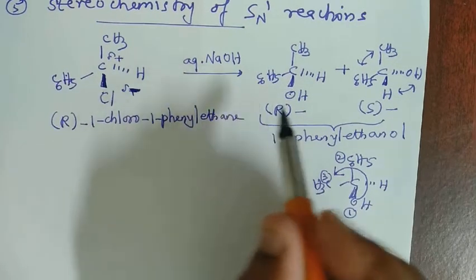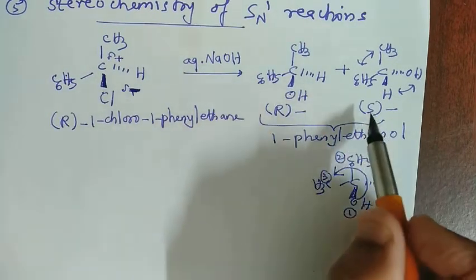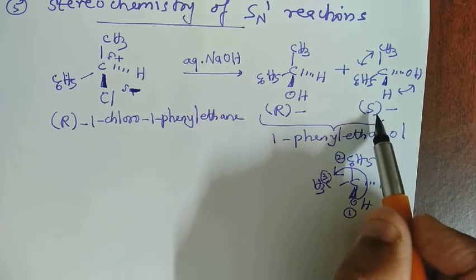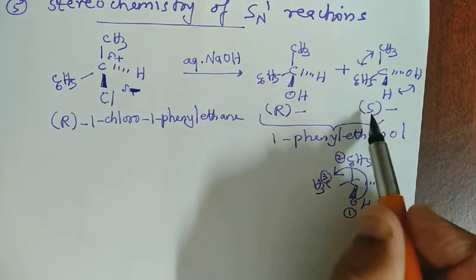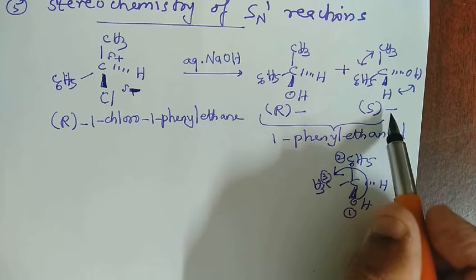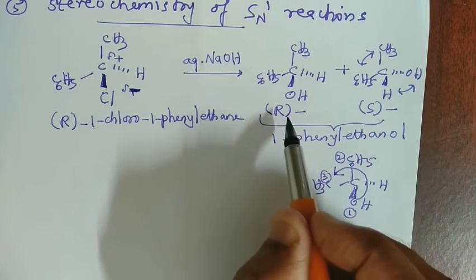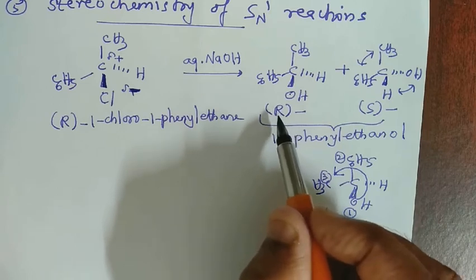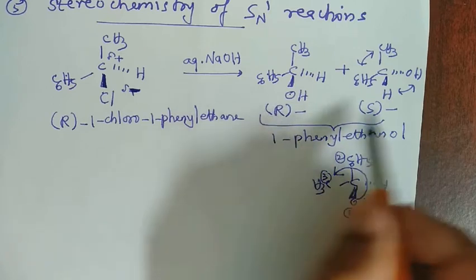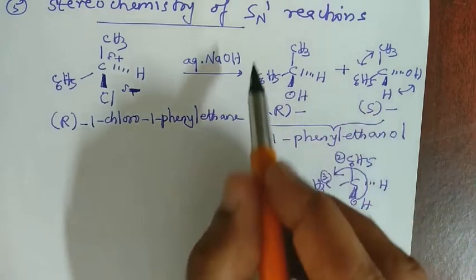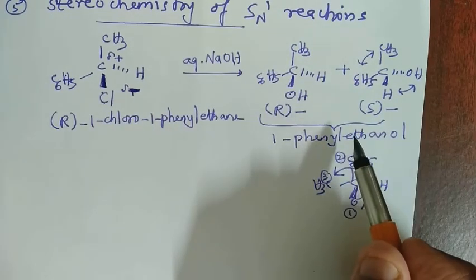Hence, the concentration of product having opposite configuration is higher. In this example, the concentration of the S isomer will be slightly greater than the concentration of the R isomer. Hence, partial racemization takes place during SN1 reactions.